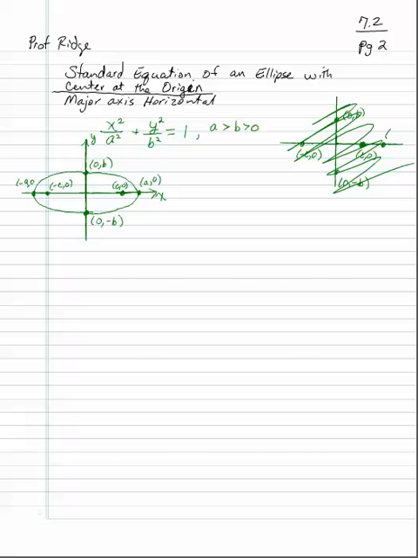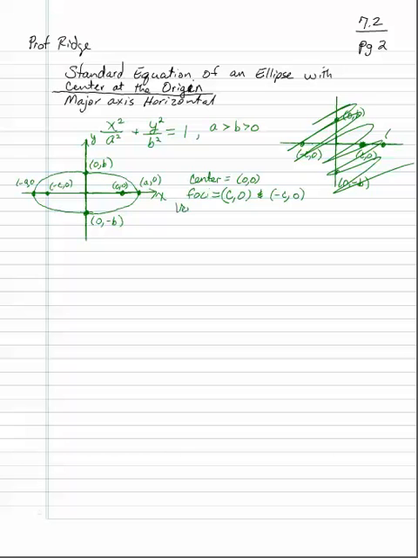And so what's going to happen is the center is 0, 0. Your foci, plural for focus, are going to be (c, 0) and (negative c, 0).